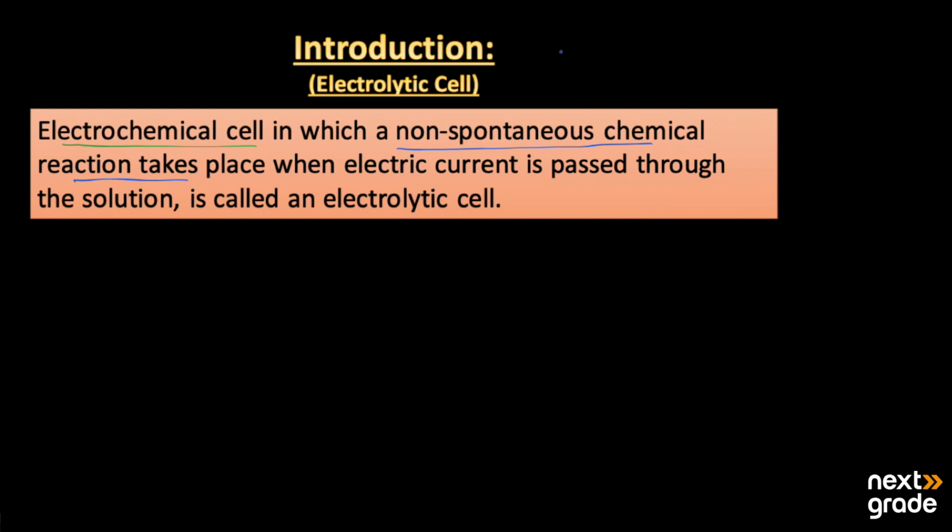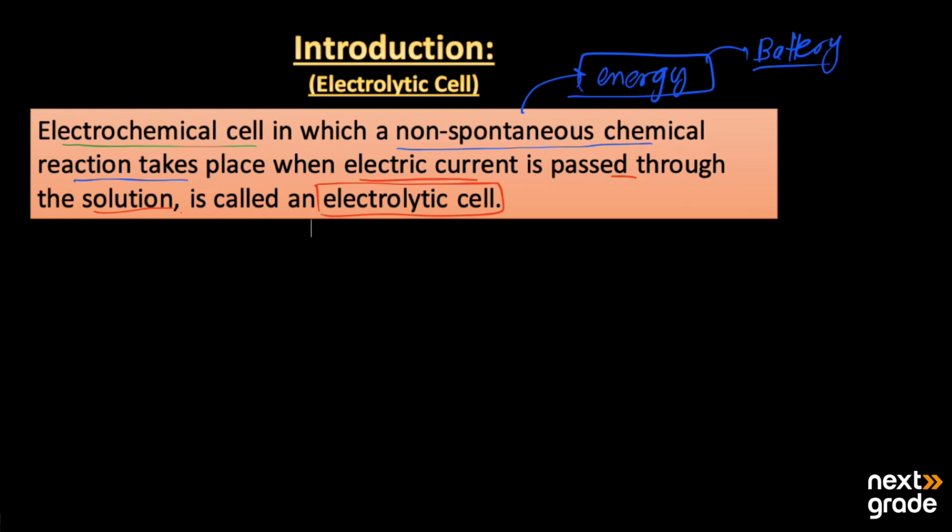A non-spontaneous chemical reaction means a chemical reaction that requires the assistance of energy from outside, with the help of a battery or any other energy source. That type of reaction we call a non-spontaneous chemical reaction. And when an electrical current is passed through the solution, this cell is called an electrolytic cell.